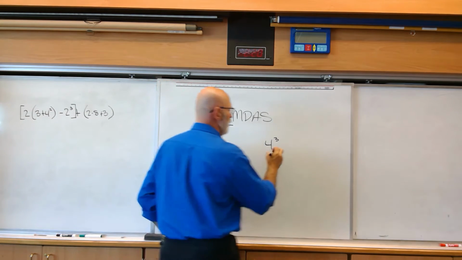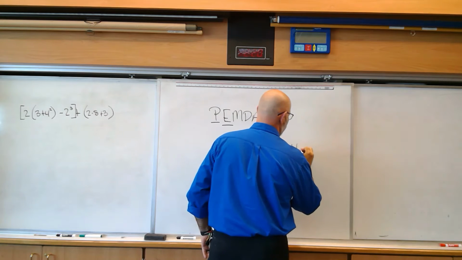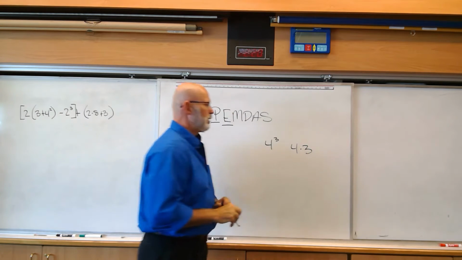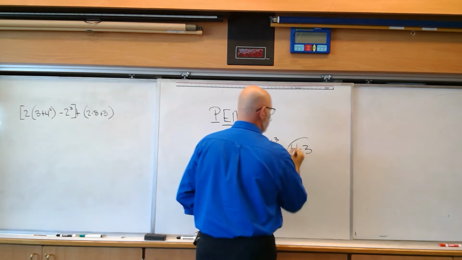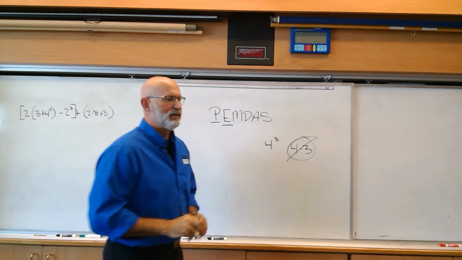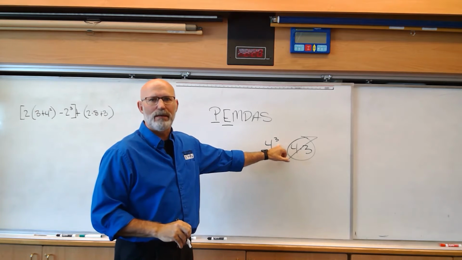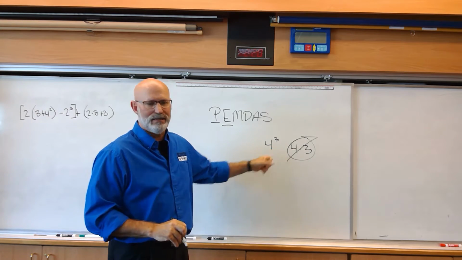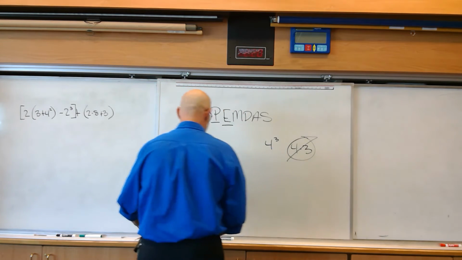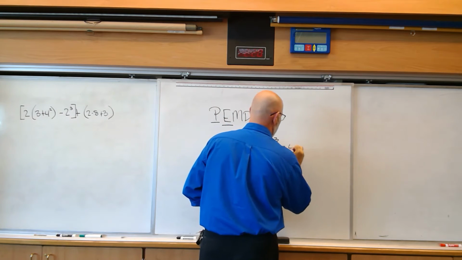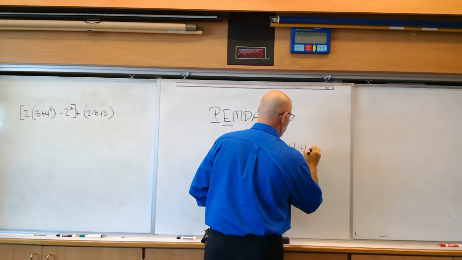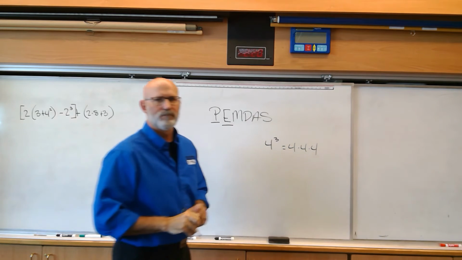Some people will try to do 4 times 3. It is not 4 times 3. The exponent is telling you how many times you need to multiply the base. So in this case, we'll do 4 times 4 times 4.